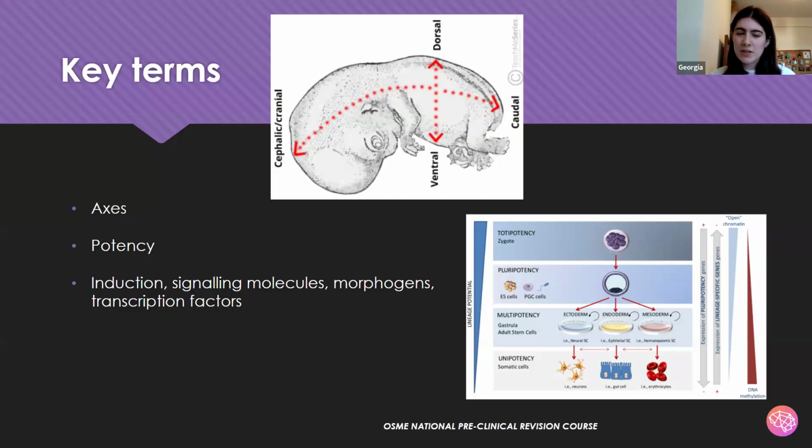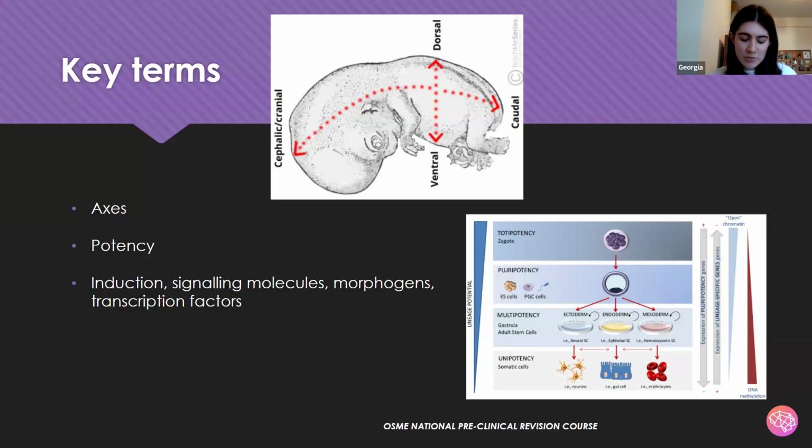Signaling molecules are conserved in development, so the same ones are used over and over again, but for different patterning events. A morphogen is a special form of signaling molecule, so it acts in a concentration-dependent manner. That means the pattern of gene expression it causes changes depending on its concentration.